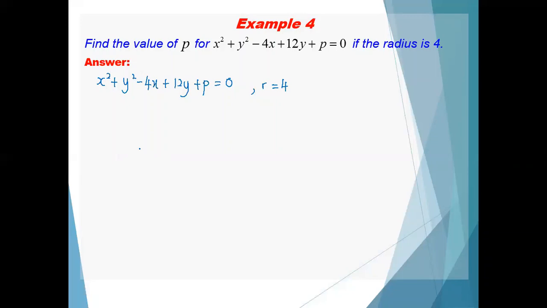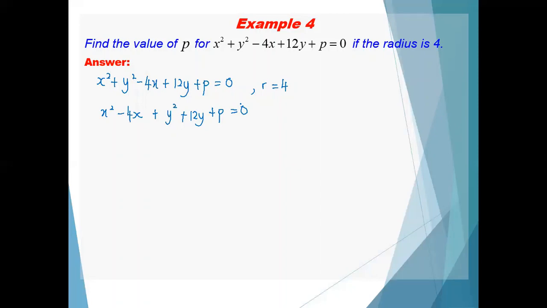So, macam mana nak buat? First of all, you kena rearrange sebab x dengan x, y dengan y, dia scattered. So, you mesti rearrange dia lah. Okay, so x square minus 4x plus y square plus 12y plus p is equal to 0.